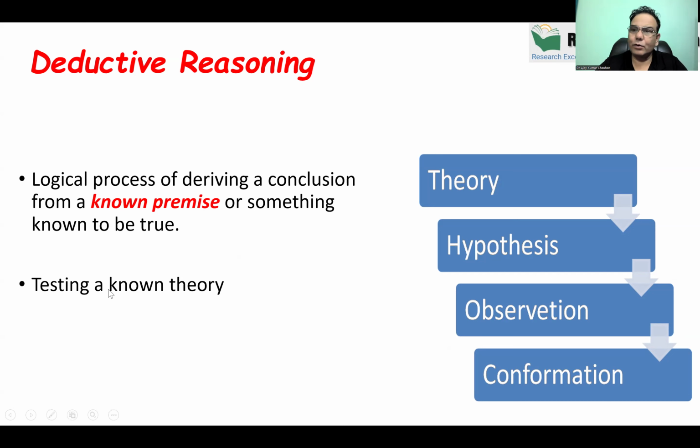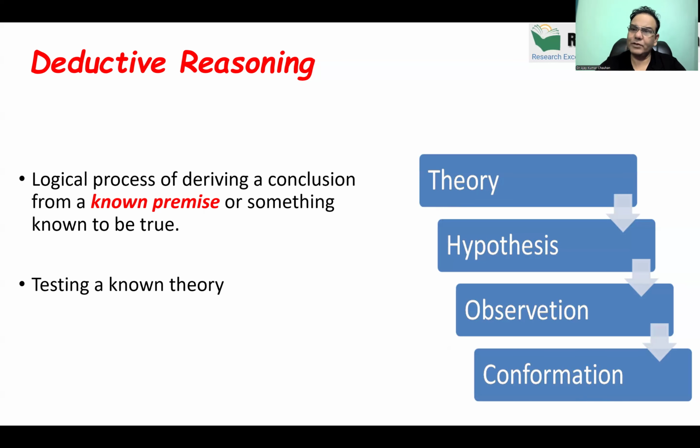So we are testing a known theory. First you pick the theory, then from the theory you derive the hypothesis, collect the data, test it, and confirm whether the hypothesis holds or not. Most research, most PhDs basically, are based on the deductive reasoning approach.